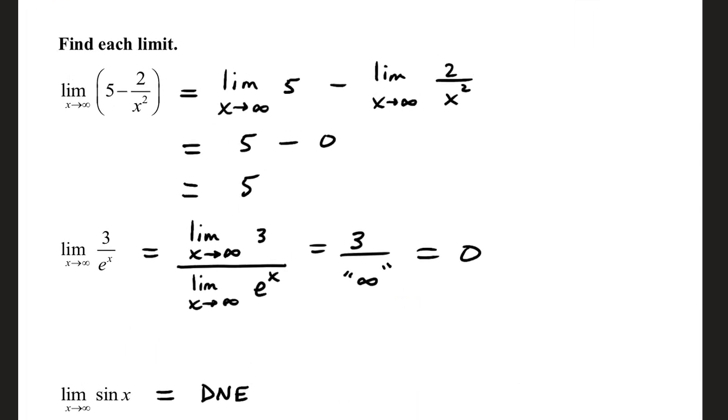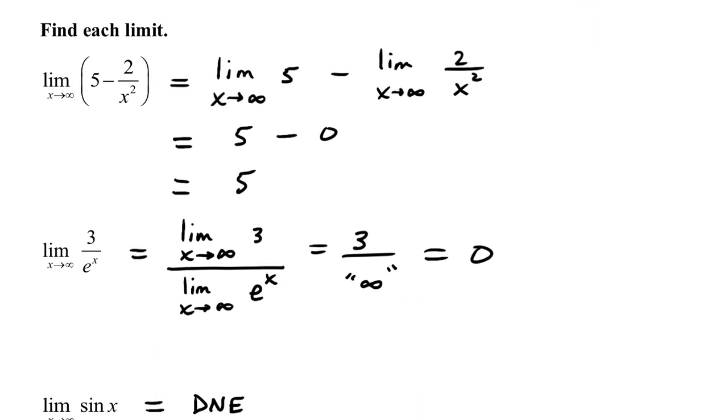Now let's go back and do some basic limits, look at some properties. In our first limit, we have the limit as x goes to infinity of 5 minus 2 over x squared. As x goes to infinity, we can split this up and take the limit of 5 minus the limit of 2 over x squared. The limit of a constant stays the same, so that limit is valued at 5.